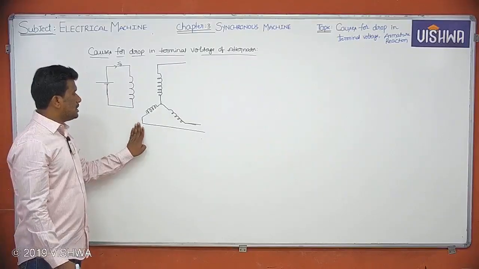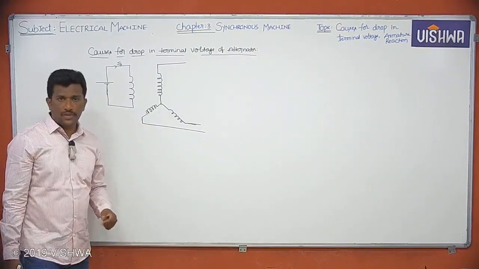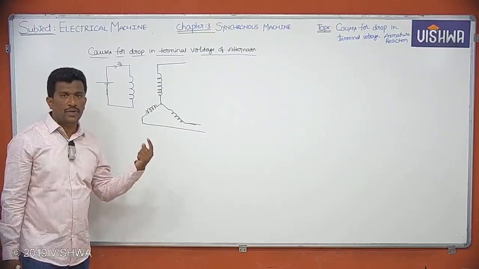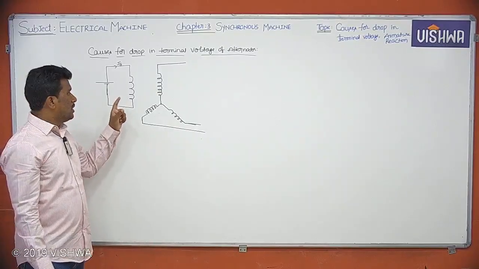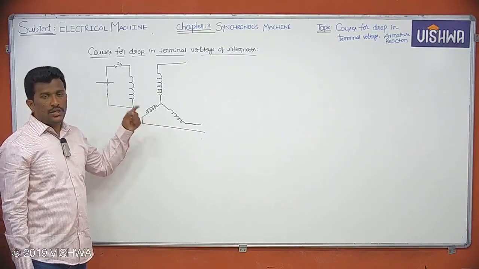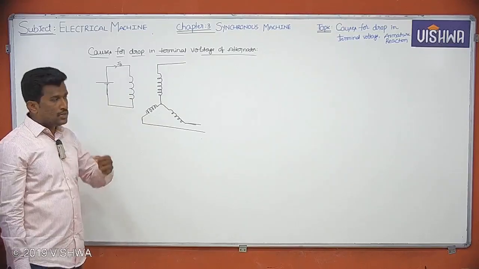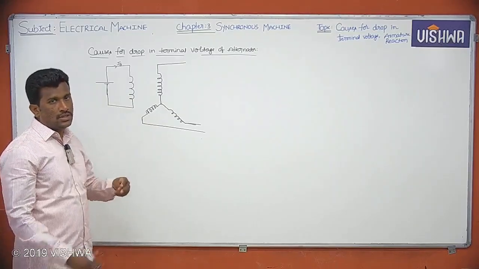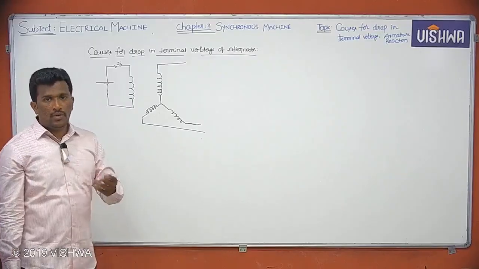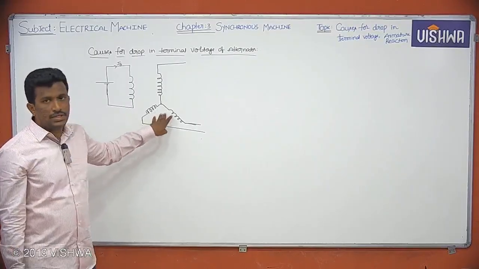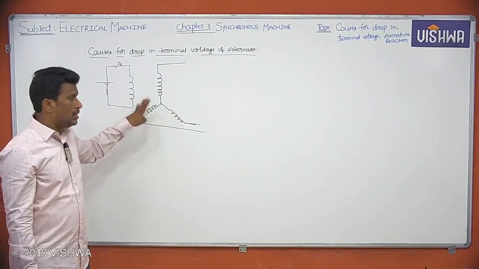Generally, for a synchronous machine, both arrangements are possible. But because of some advantages, in large size alternators, we go for placing armature winding in the stator, field winding on the rotor. This already we discussed.